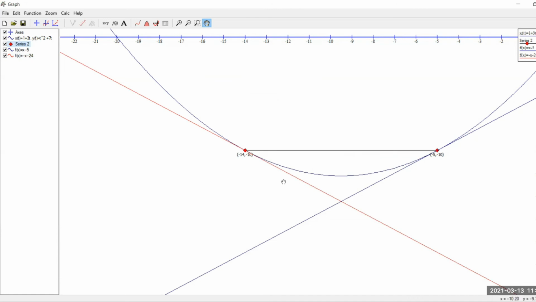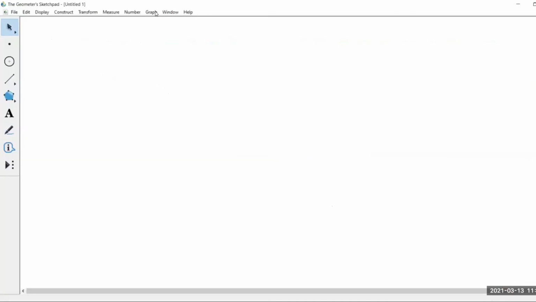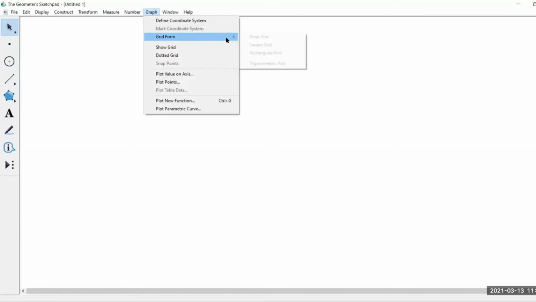Now, I am going to show you another app that can work out the area of the triangle for us. This is Geometer's Sketchpad. We're going to work out the area.